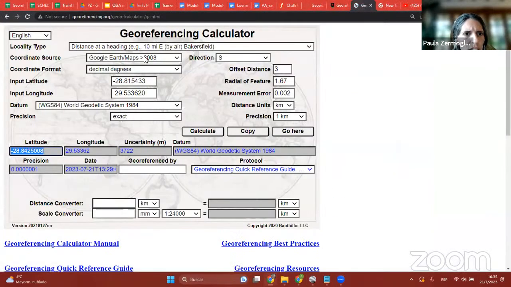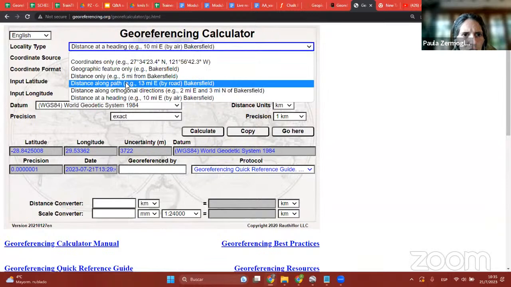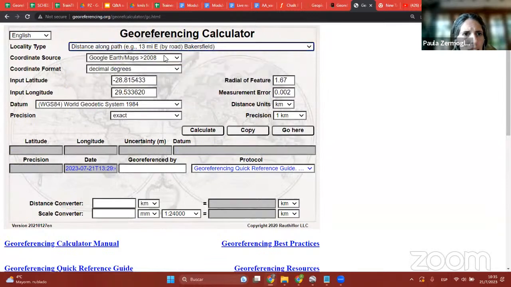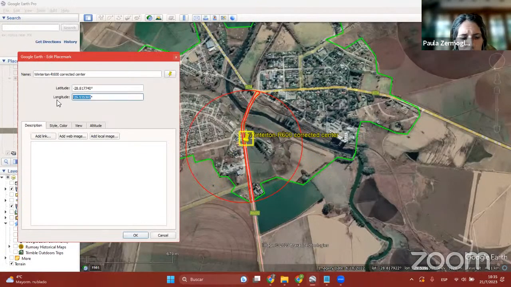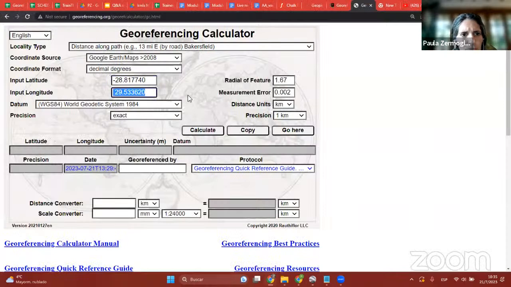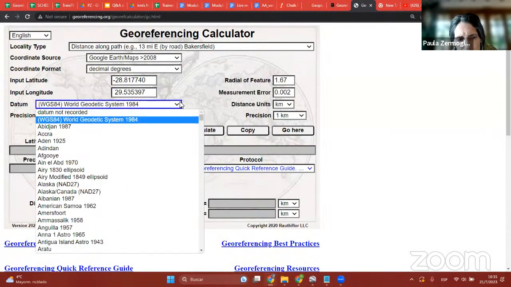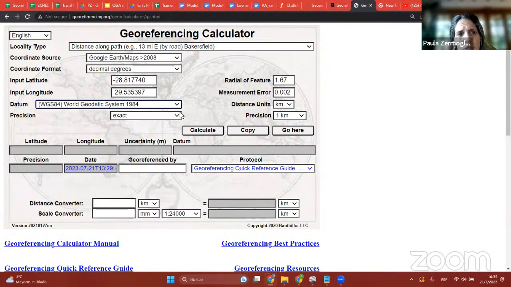So here is distance along a path. I'm taking the coordinates from Google Earth. They are going to be in decimal degrees. I put the latitude and the longitude of that corrected center. The datum will be WGS84. The precision is exact.